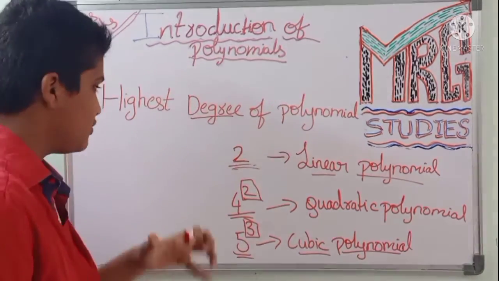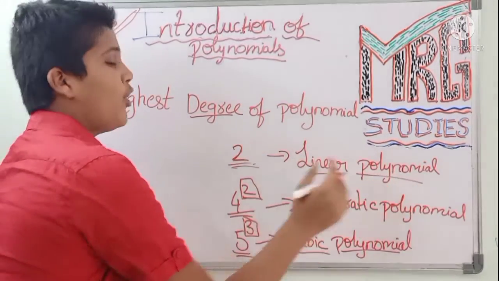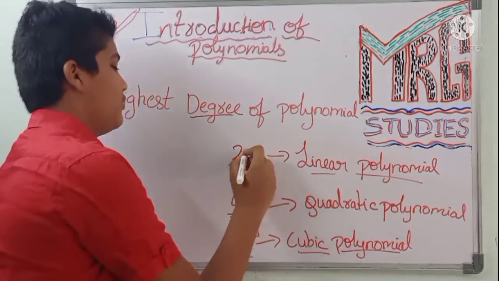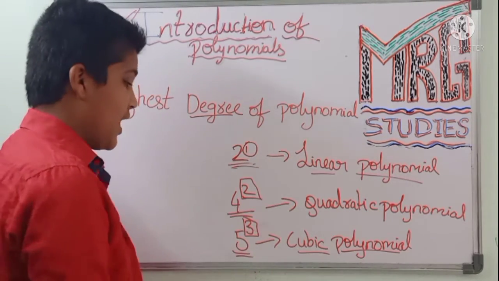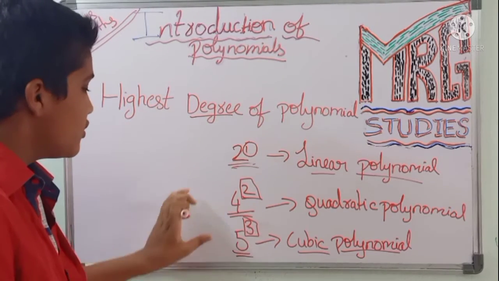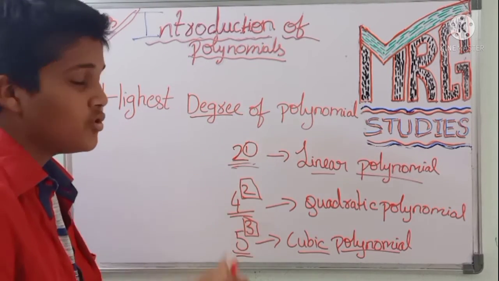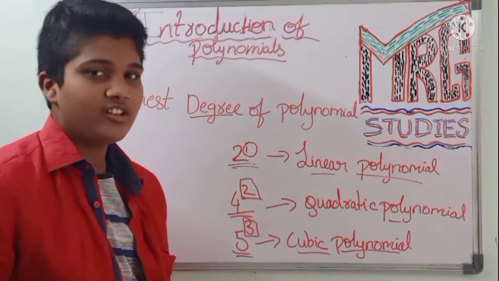I think you have understood what the degree of a polynomial is. In a linear polynomial, the highest degree is 1; in quadratic, 2 is the highest; and in cubic polynomial, it is 3. These degree terms should be first in these polynomials. I think you have understood.